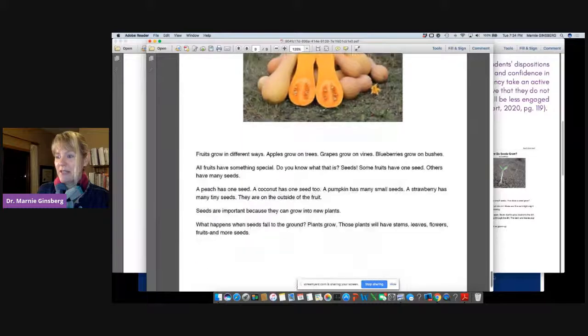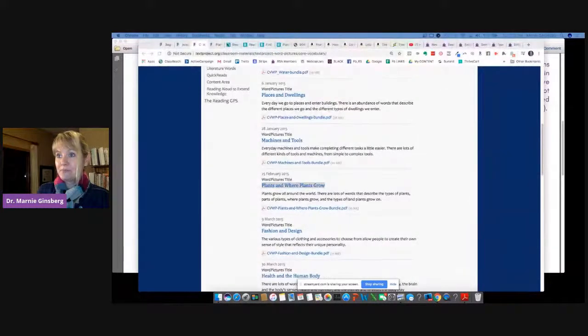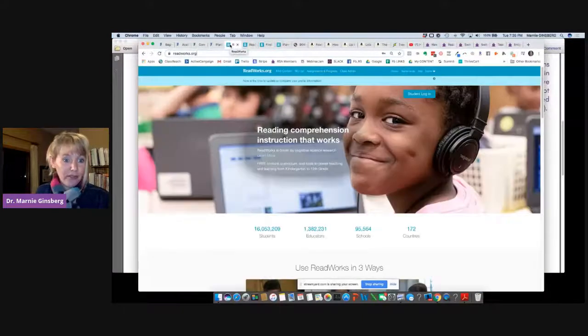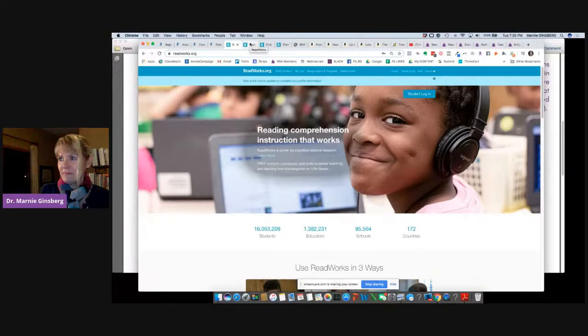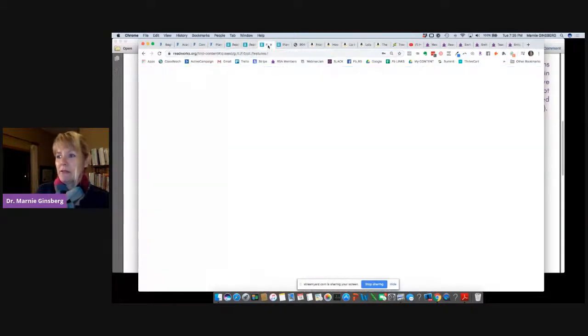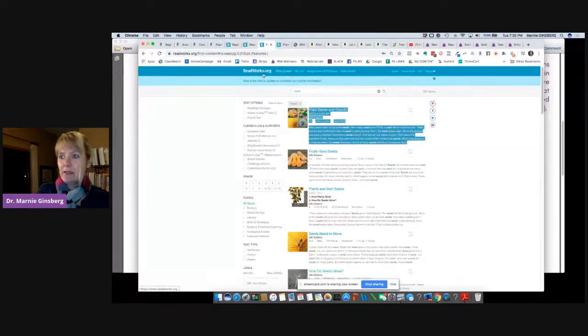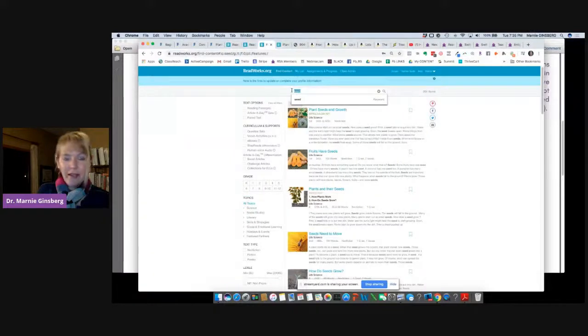And fruits have seeds. Now, if you go to Article a Day, you can choose a different reading level. That was just an example of either first or kindergarten. I can't remember which. So this is readworks.org, which again is hyperlinked in this PDF. But you can just type in, I typed in seed, and up came life science first grade, plant seeds and growth.